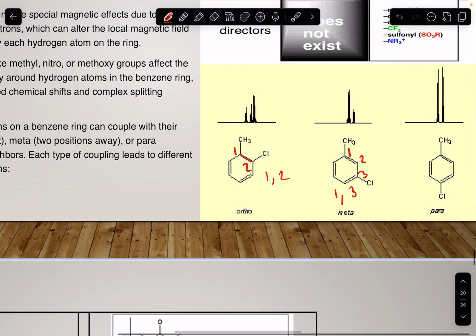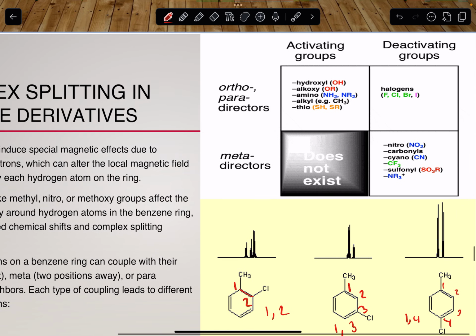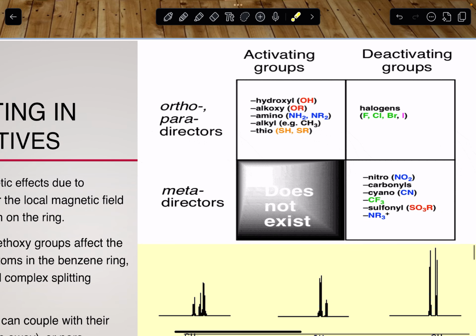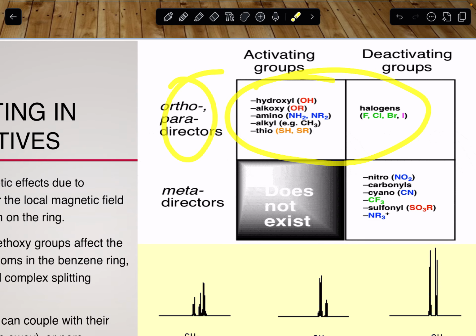And then para, I always say 1,4, because you go 1, 2, 3, 4. And then these are your different types of activating and deactivating groups in ortho-para. So just memorize what these are, what they do. Your meta directors are these guys, and your ortho-para directors are those guys.